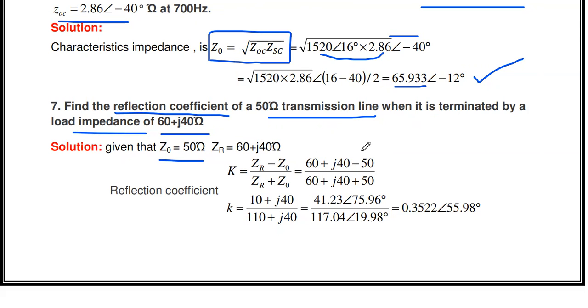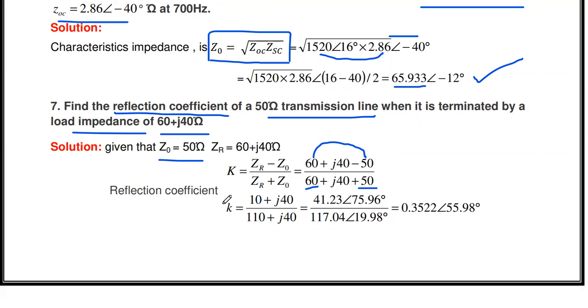Here the two quantities are in rectangular form, so you just add the real parts. The real part is 60 minus 50, which is 10, then plus J40. Similarly in the denominator, 60 plus 50 is 110, so 110 plus J40.